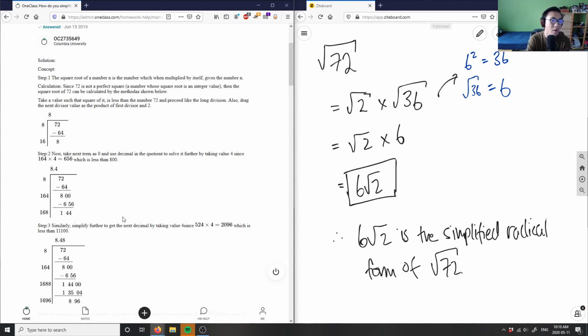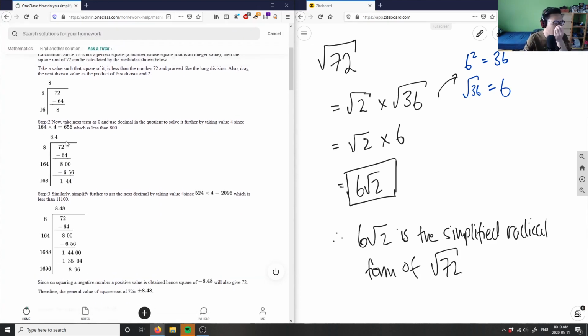So you try 161 times 1, 162 times 2, 163 times 3, and you know that 164 times 4 gives you 656, the closest number to 800 without going over. Then we subtract 656 from 800 to get 144.